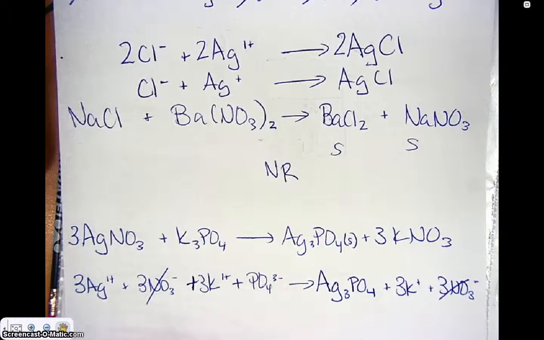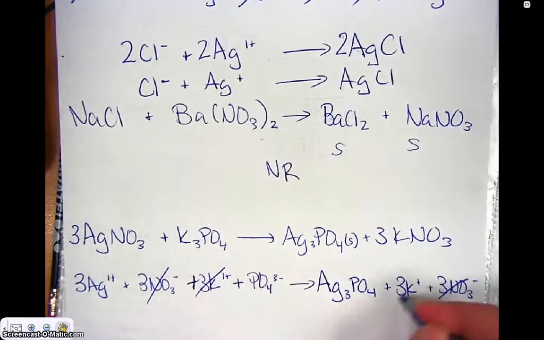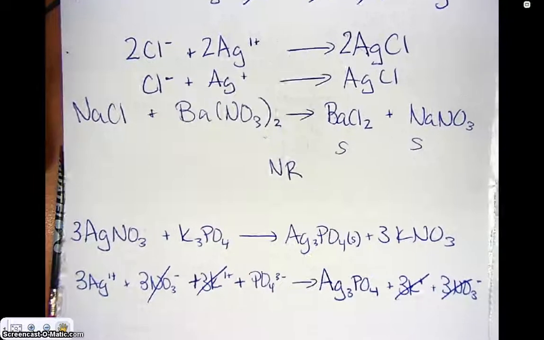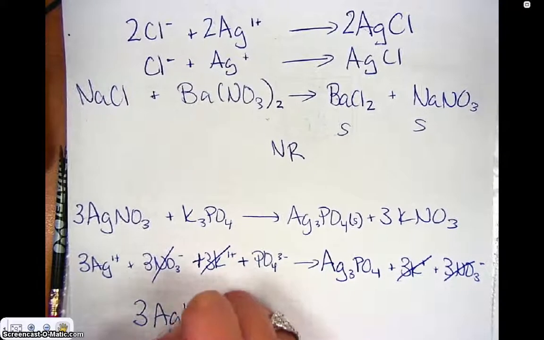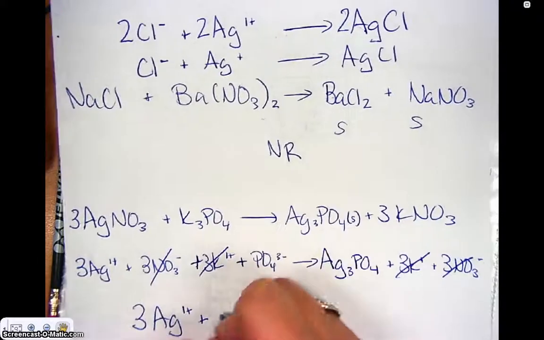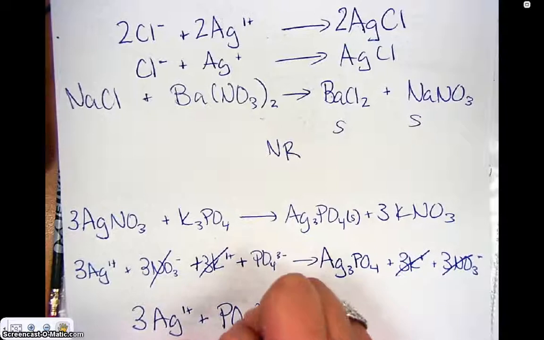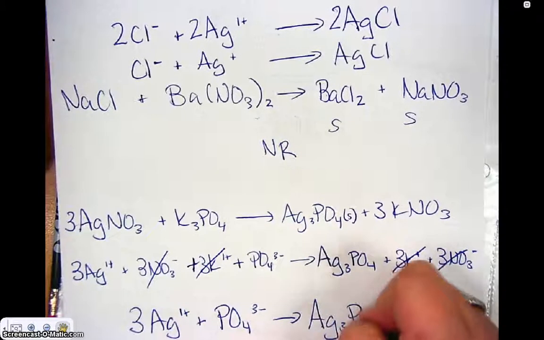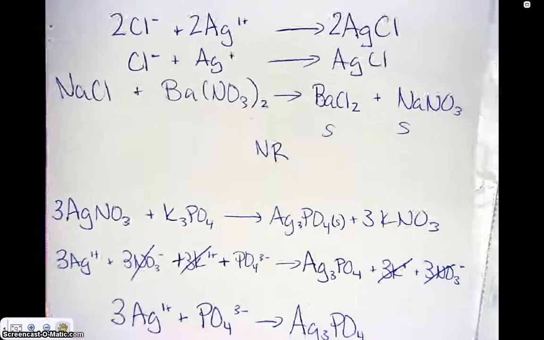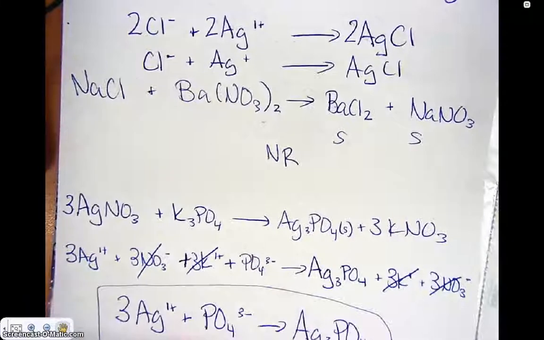Over here I have 3 potassiums, over here I have 3 potassiums. So I'm left with my net ionic equation being 3 silver ions plus 1 phosphate ion will yield silver phosphate. Okay? This is my net ionic equation.